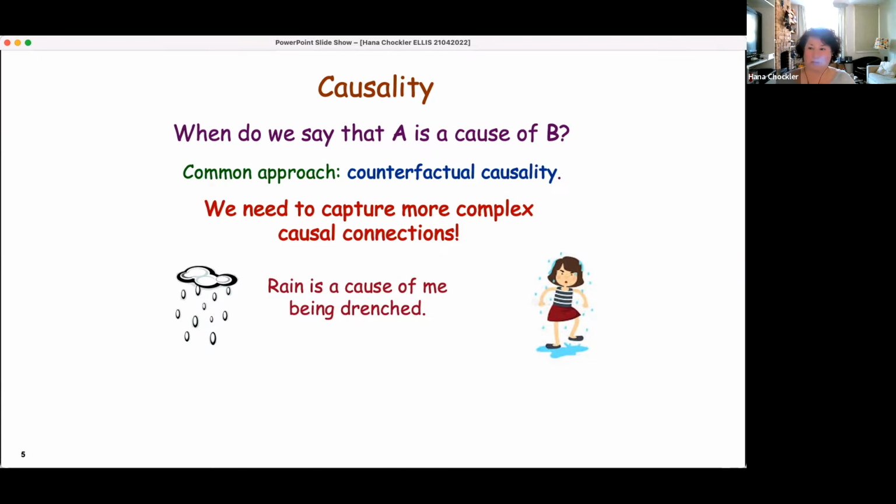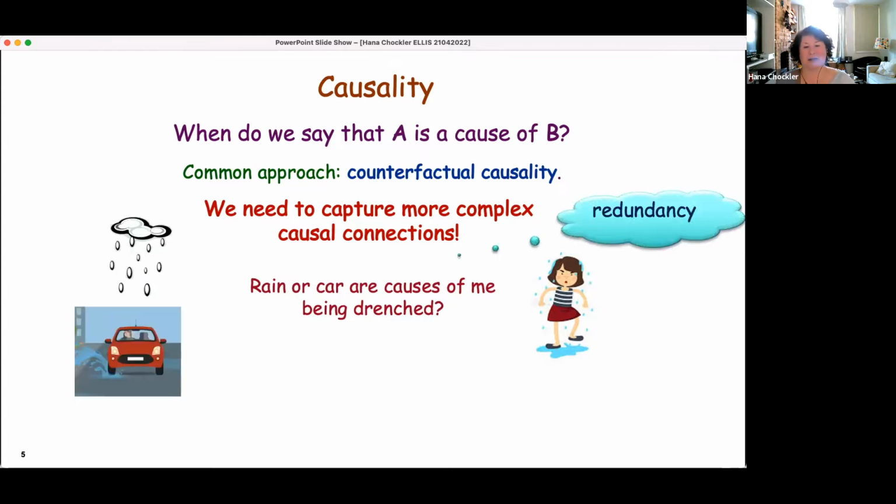I'm going to mention two problems that arise with a simple counterfactual definition. First of all, we have redundancy, which is not captured by the simple counterfactual, illustrated here. What happens if it is raining and also I was walking on the sidewalk and a car drove by and splashed on me from a puddle?